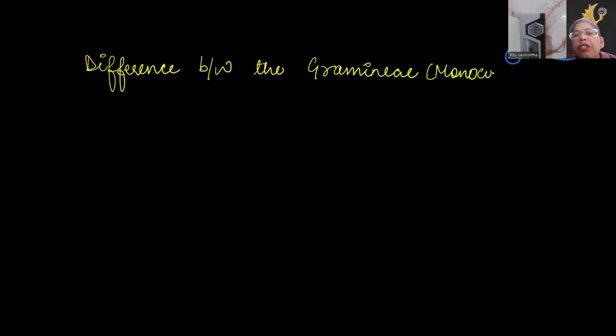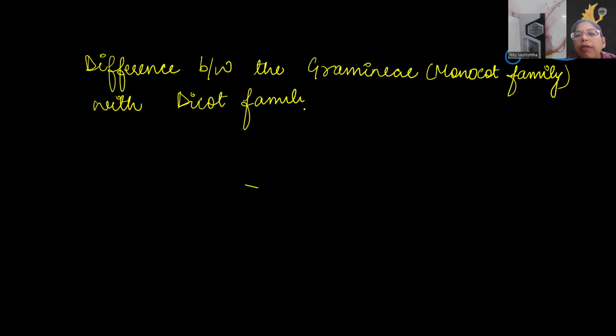Now, we will be discussing the differences between the Gramineae, which is a monocot family, and the dicot family. What are the major differences between the monocot and the dicot families?